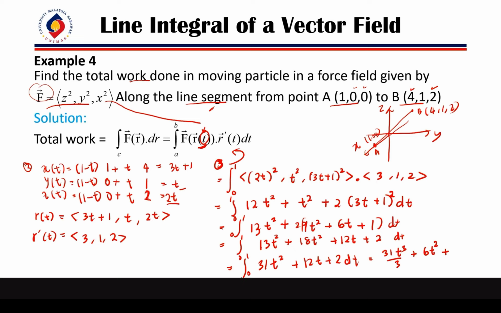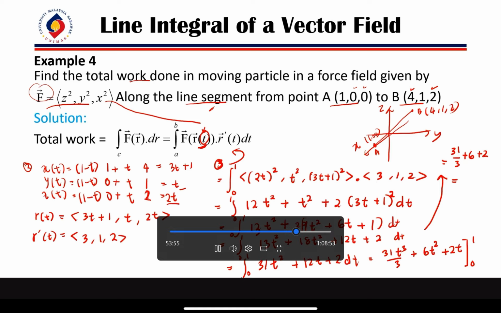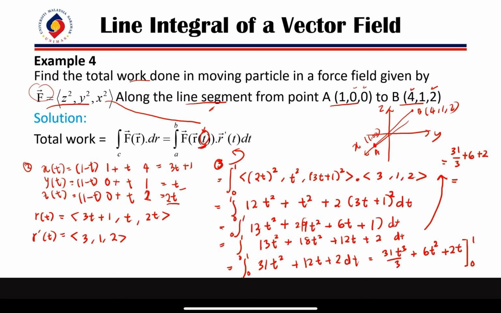Then plus 2t, from 0 to 1, right? So we get here 31 over 3, plus 6, plus 2, equals 8 plus 31 over 3.